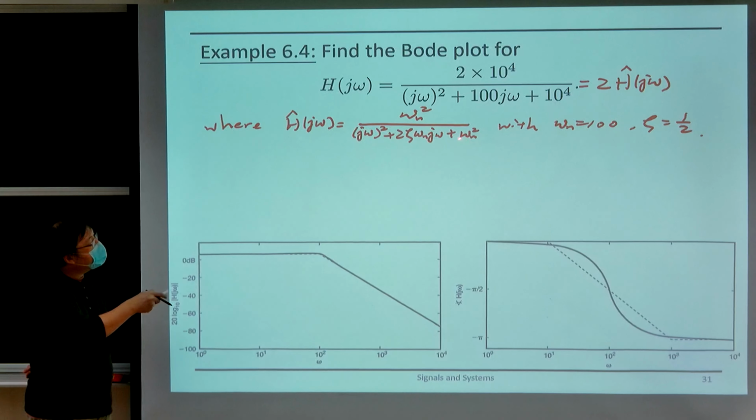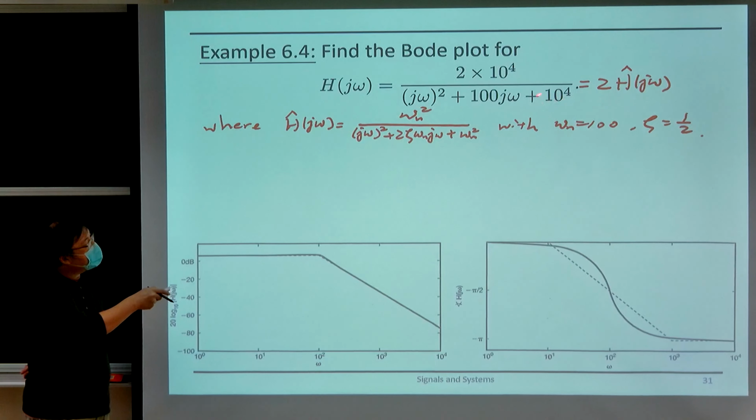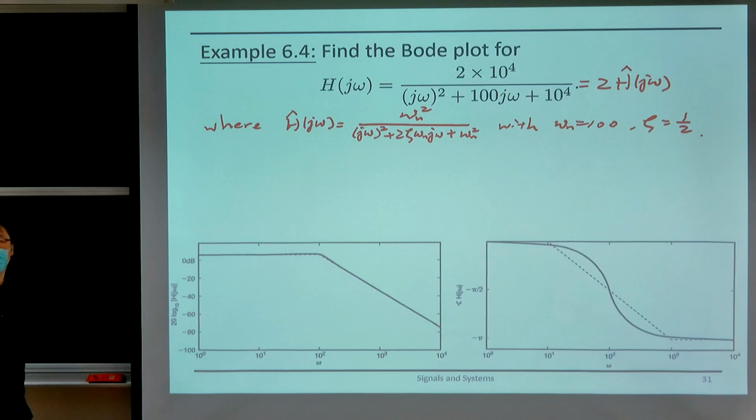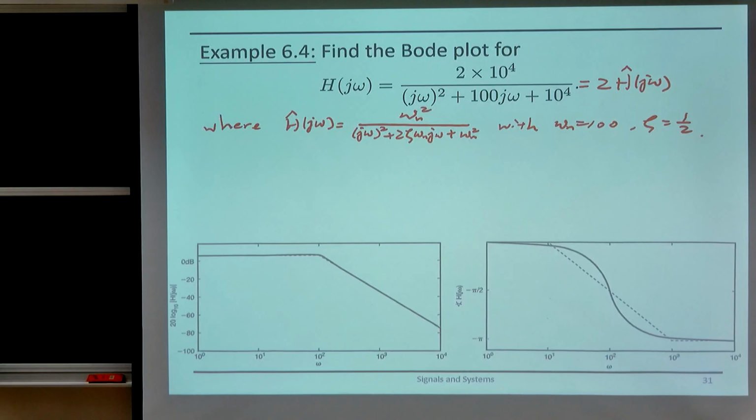And then we have omega n squared, which is again 10 to the power 4. So h of j omega is just 2 times h hat of j omega, where h hat is in a typical form of the frequency response of a second order system.